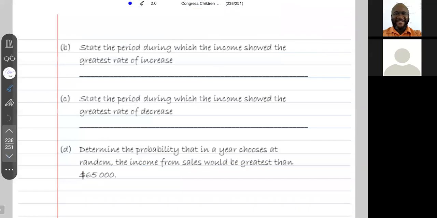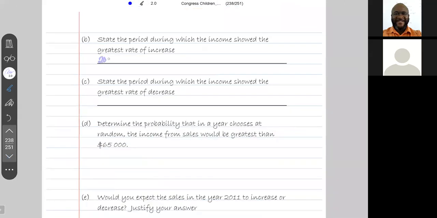So to answer that, I would say 2009 to 2010. This is the period of the greatest rate of increase.